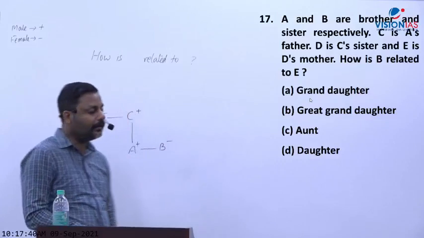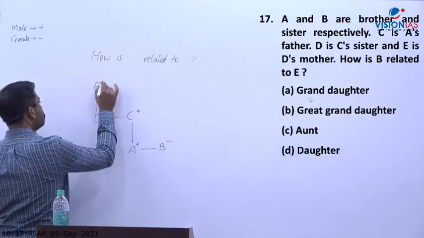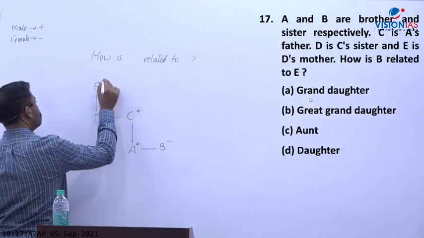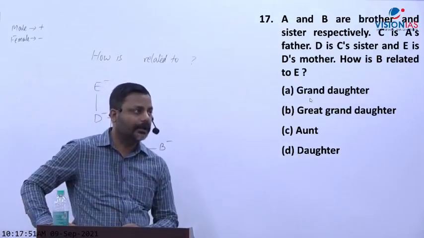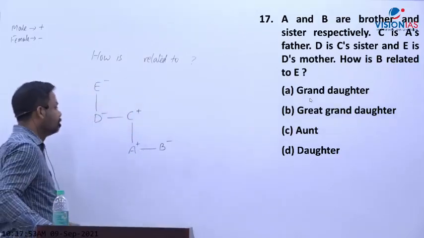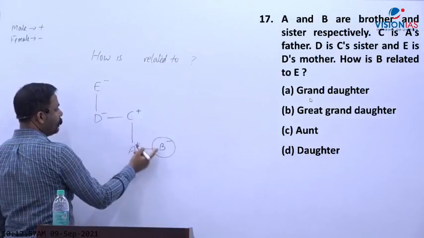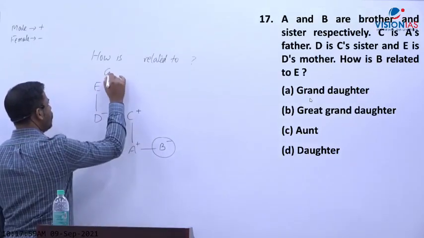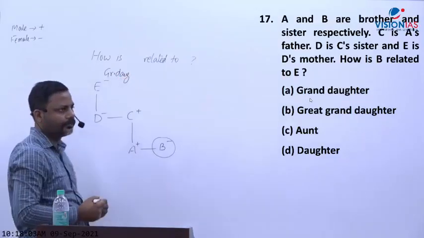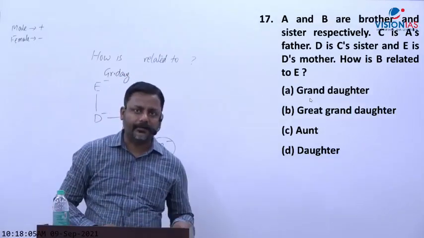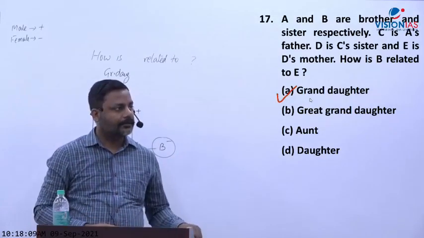E is D's mother. Then how is B related to E? So it is son's daughter. Son's daughter is granddaughter. So the answer is granddaughter.